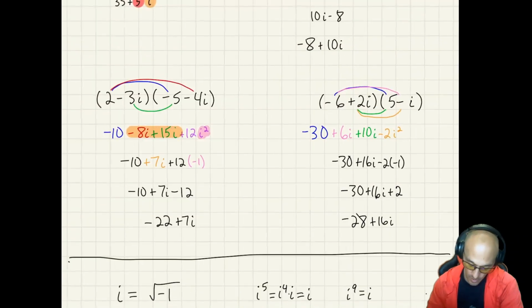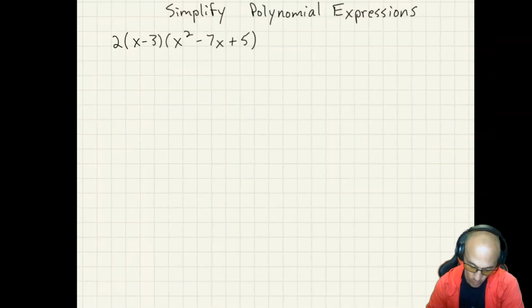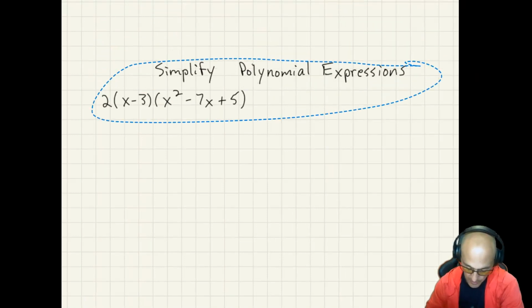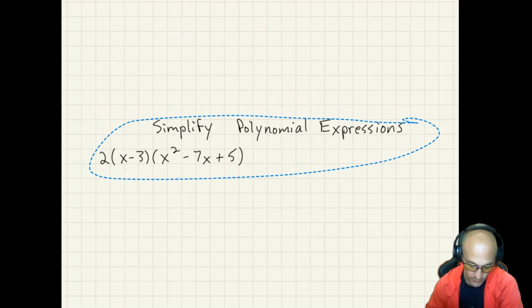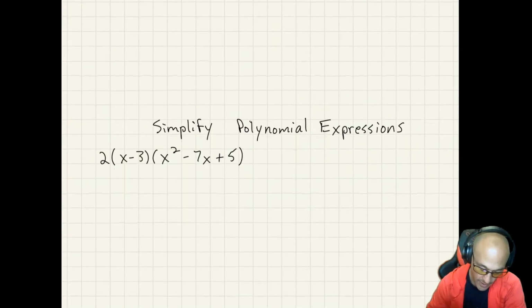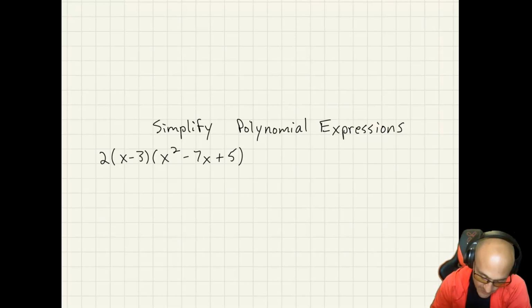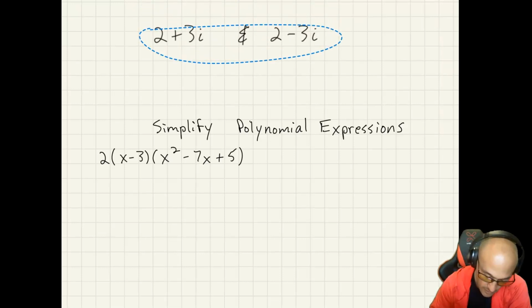Okay. I was going to start on simplifying polynomial expressions next, but there's something else that I was thinking about that actually would be useful to discuss as well. And that is when we have something like this, we have 2 plus 3i and 2 minus 3i. These are called complex conjugates.